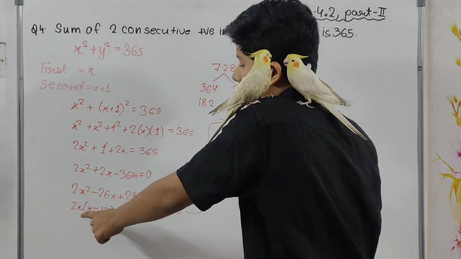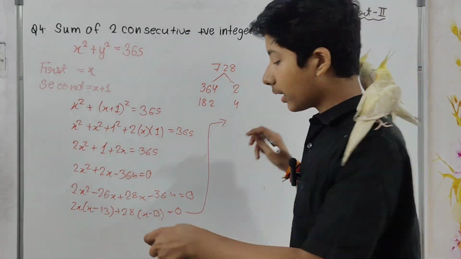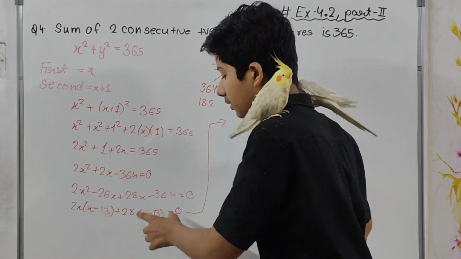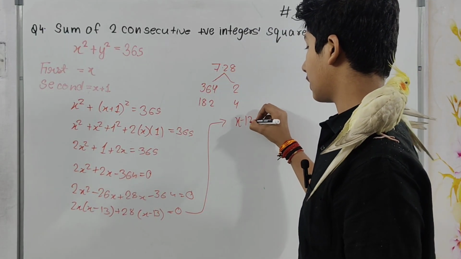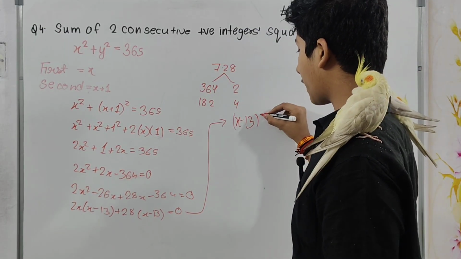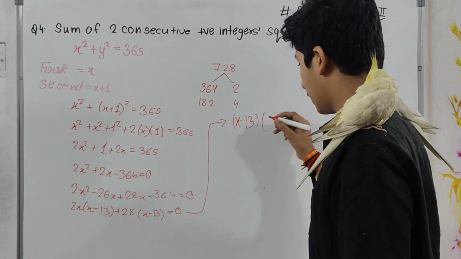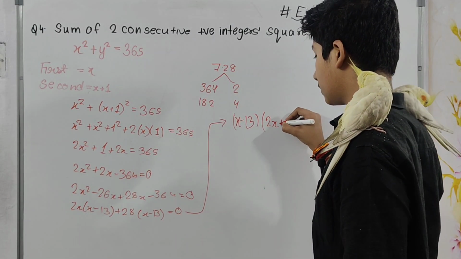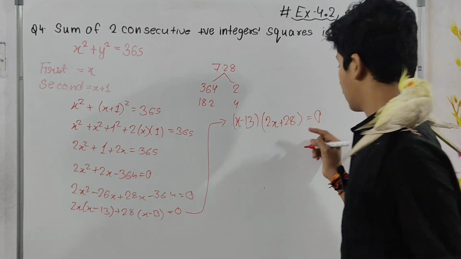So 2x into x minus 13 plus 28 into x minus 13. So you can see that x minus 13 is common. So we'll take this bracket x minus 13 common, and the two things left will be 2x and 28. 2x plus 28, just group them, equal to 0.